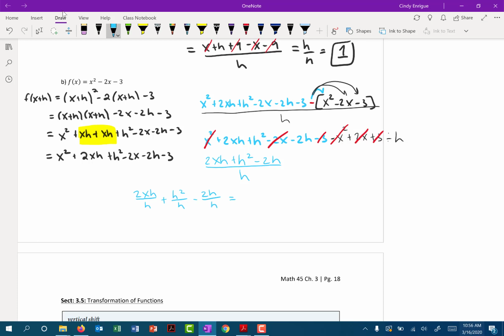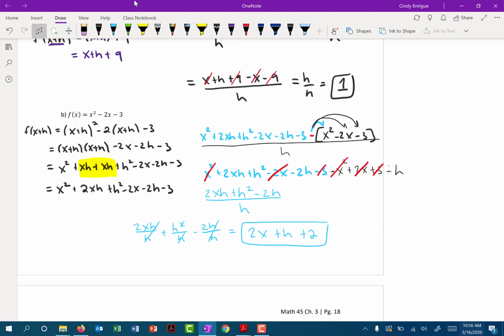So I actually have 3 mini fractions. So what ends up happening, those h's cancel, that h cancels, and one h from the top and one h from the bottom cancels. So I'm going to have a 2x plus h plus 2 as my final answer.